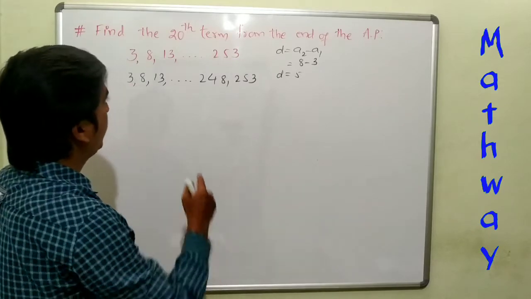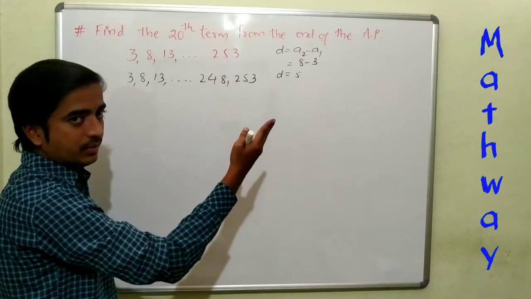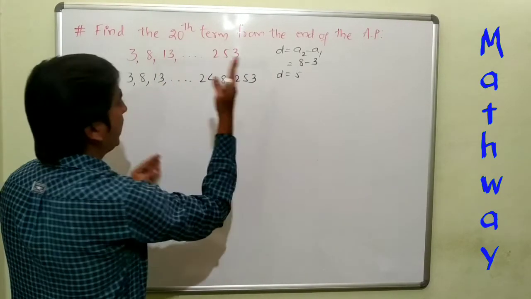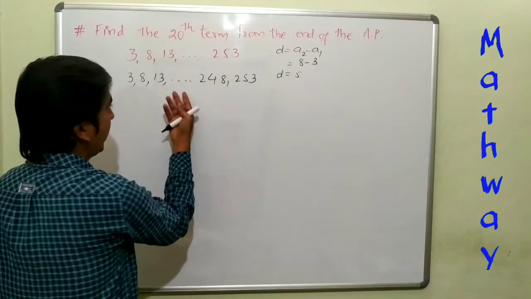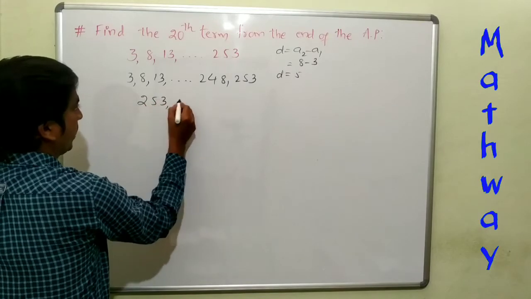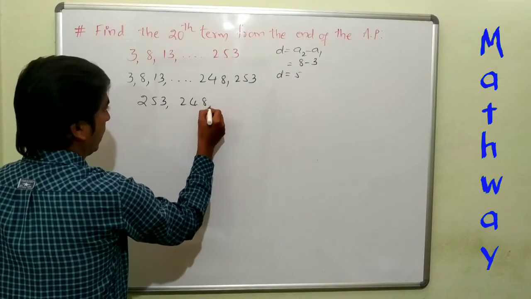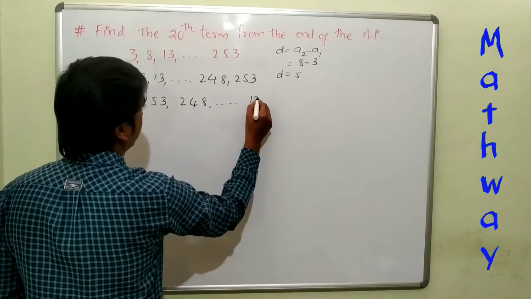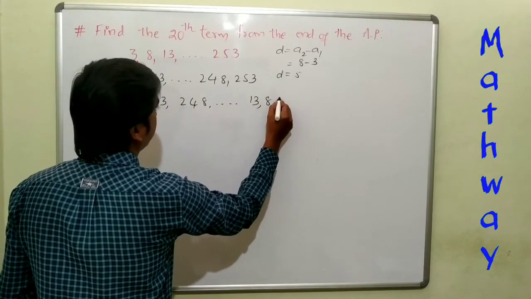Now we need to find the 20th term from the last. What I am doing is writing it in reverse order. I am taking this AP in reverse order. First I am taking 253, 248, and so on, 13, 8 and 3.